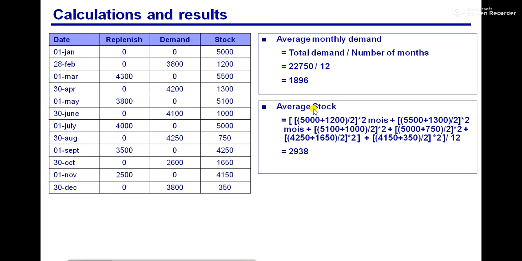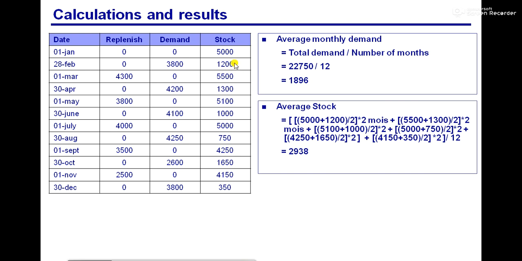Now to calculate the average stock, we have to know the level of stock for each and every date. For January 1st, it's the initial stock, 5,000 units. For February 28, it's 1,200. It's simply the 5,000 units we have initially minus the demand, 3,800. For March 1st, it's 5,500.